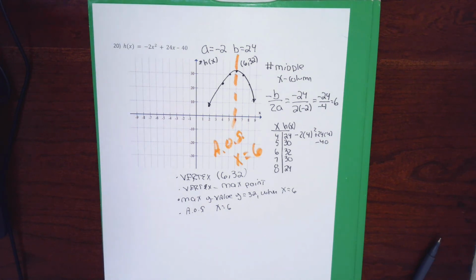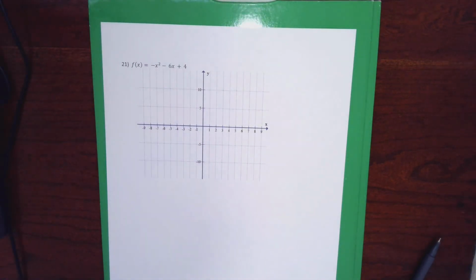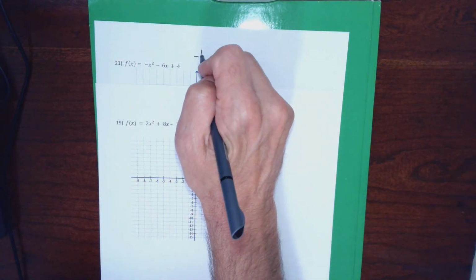Let's not do a higher problem, but let's talk about the table that you would do if you were doing 21, and the table that you would do if you were doing 19. So without graphing, if you can get the tables, everything's a freebie. In both 19 and 21, because they both have an x squared and an x term, to get my table started, I have to use the negative b over 2a formula.